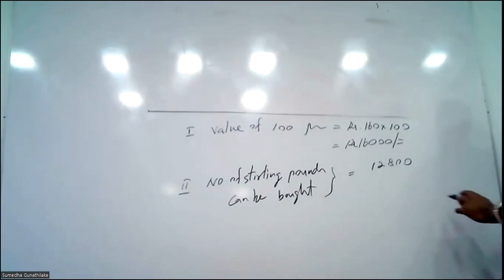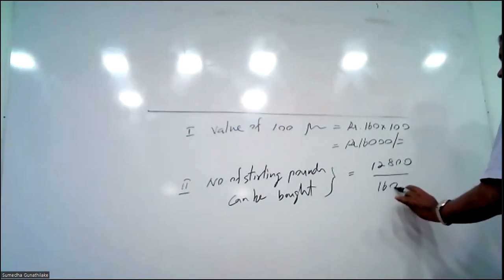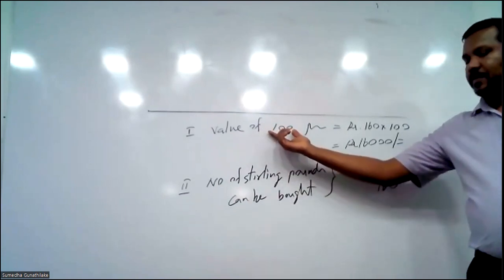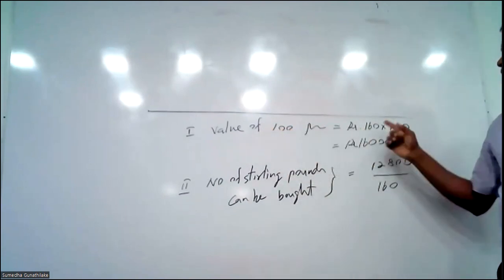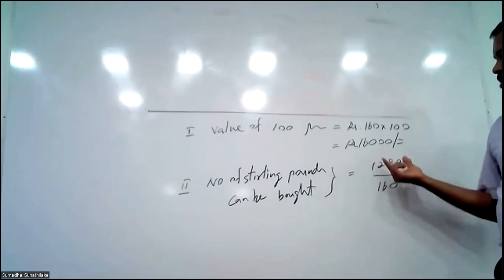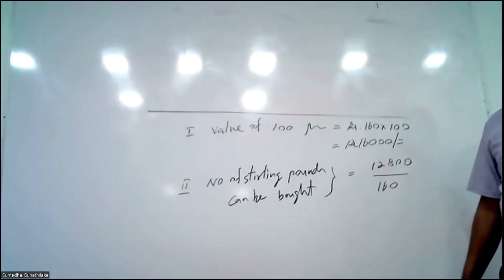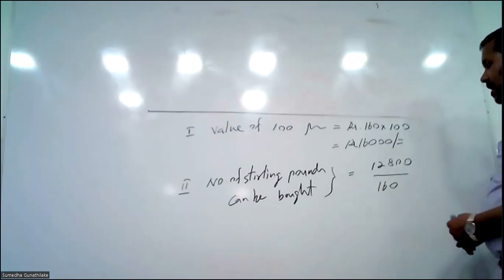Value of 1 sterling pound, 160 rupees. No? You have to divide. When you exchange foreign currency to rupees, you have to multiply. Now, rupees converted to foreign currency, then you have to divide it, right?